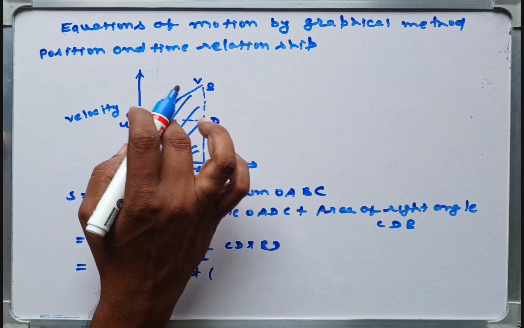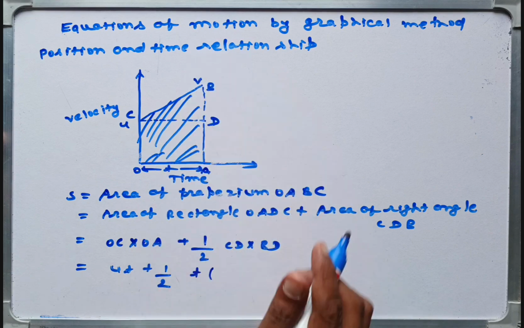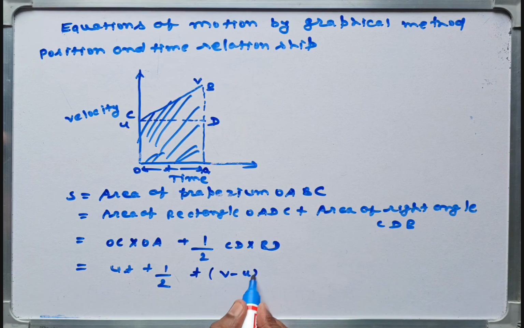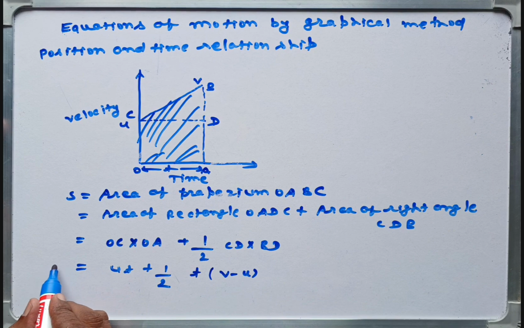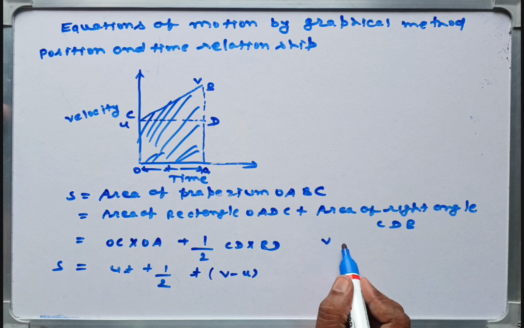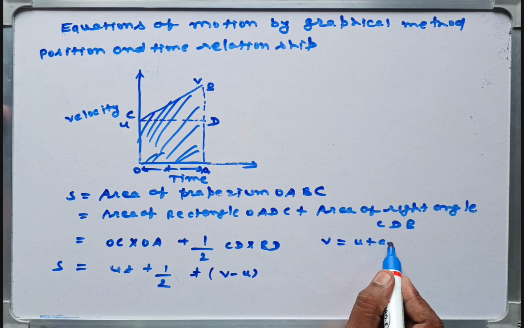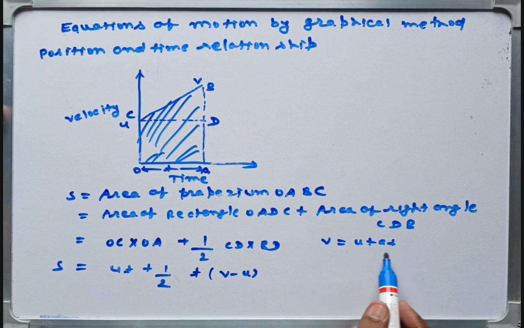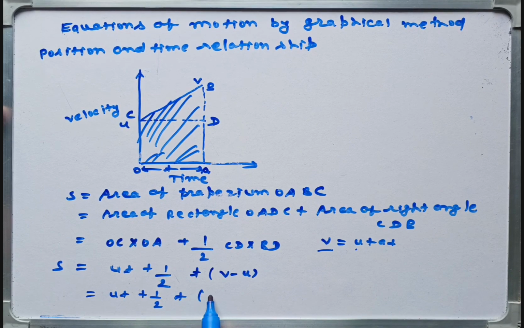The difference between these two is equal to v minus u. Now, as you know, v equals u plus at. If you substitute this value of v, you will get ut plus 1 by 2 into t into u plus at minus u.